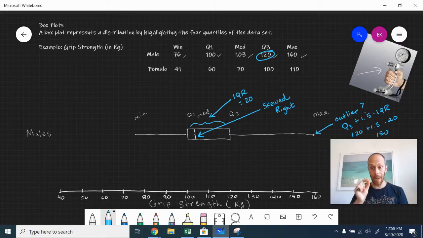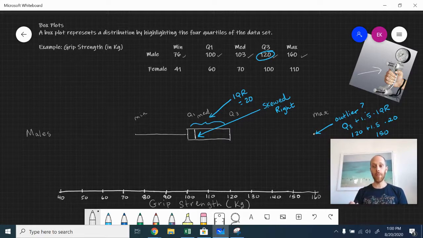Now, with box plots, we modify them if there is an outlier. Okay? In fact, what I'm about to do is called a modified box plot. So the first thing that we do is I'm going to erase this guy. And I'm going to mark back where that outlier was at 160.